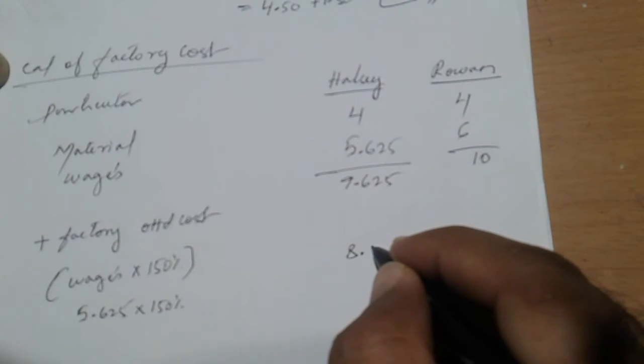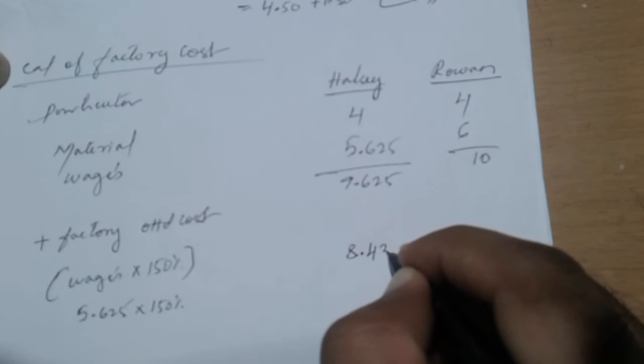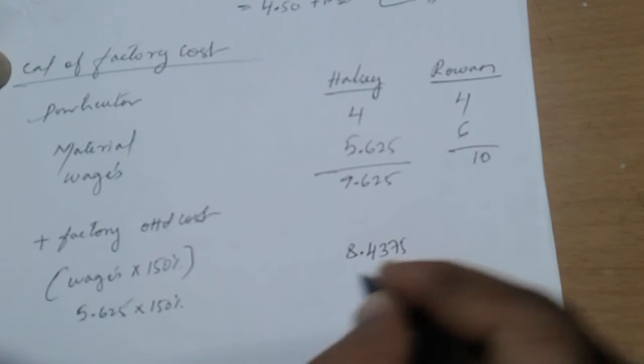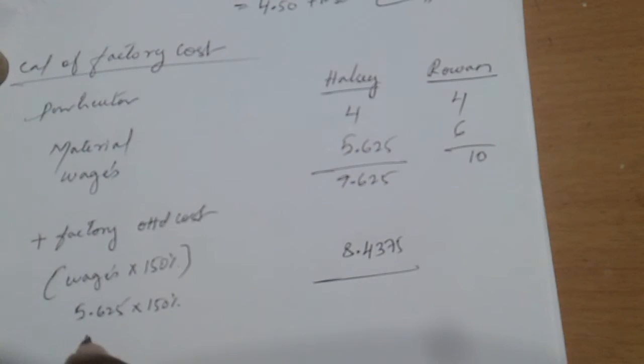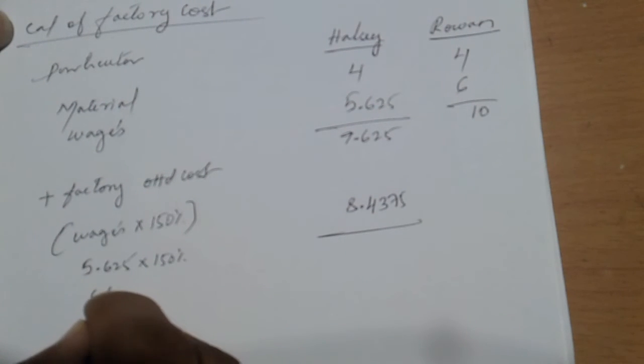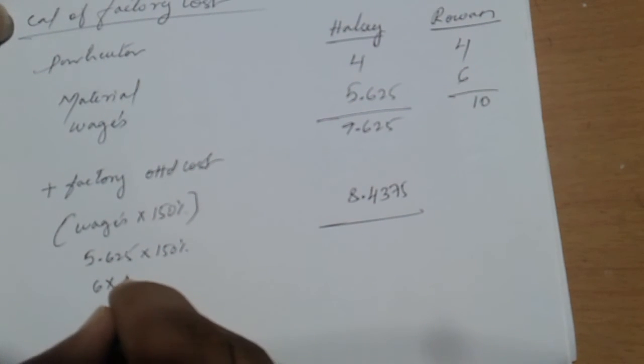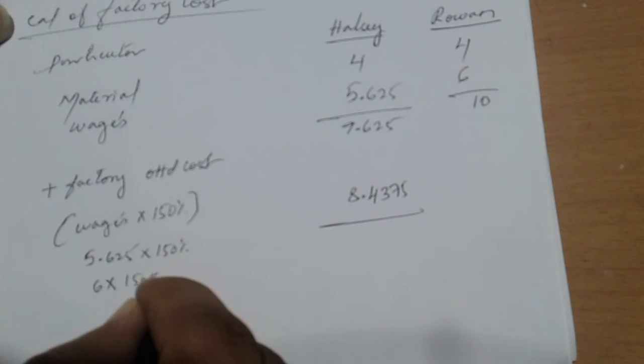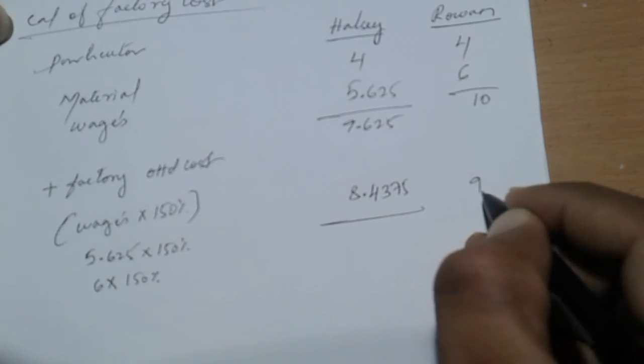So 5.625 into 150% gives 8.4375, and for this, 6 into 150% means 9.